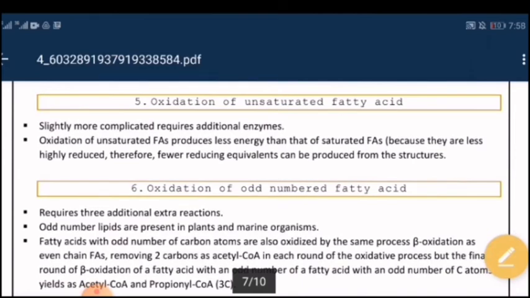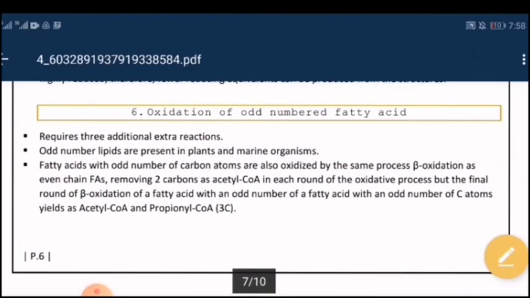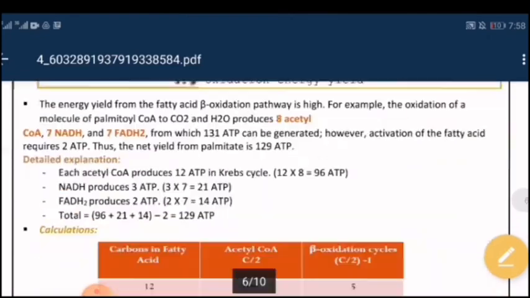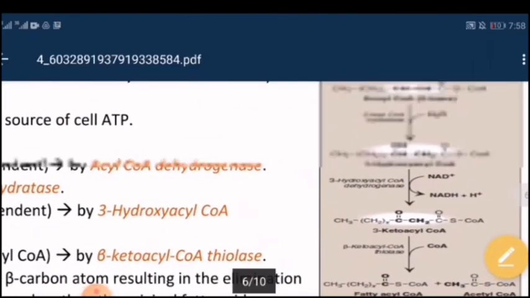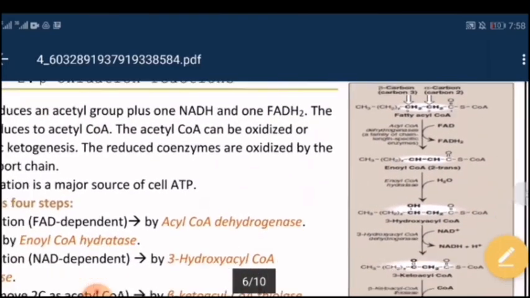Unsaturated fatty acids are slightly more complicated than the saturated ones, but actually they give less energy because they are unsaturated and less reduced than the saturated ones. As you know, we are removing 2 carbon atoms in the final step in beta oxidation because this is an even numbered chain fatty acid.